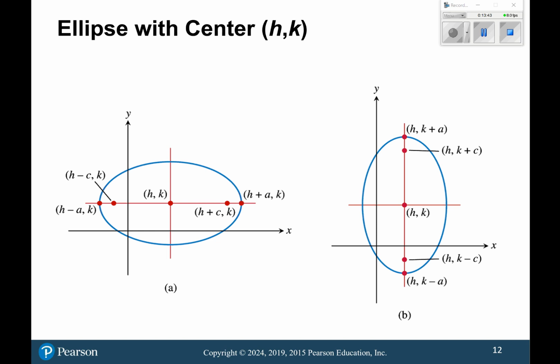Centered at (h, k), we're going to go a distance of C to get to one focus in this direction, and -C to get to the focus on the other side. We're going to go a distance of A to get to one vertex, -A to get to the other vertex on the major axis. And again, that major axis might be horizontal, that major axis might be vertical.